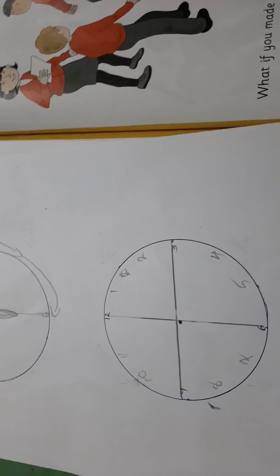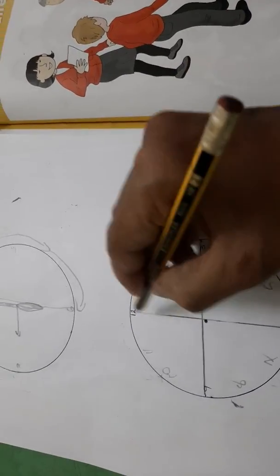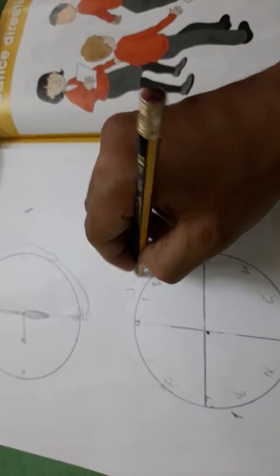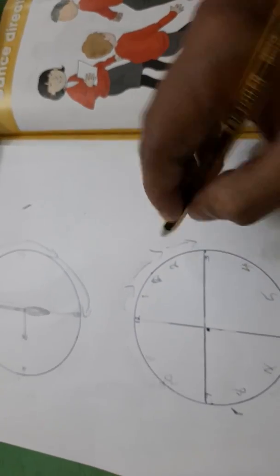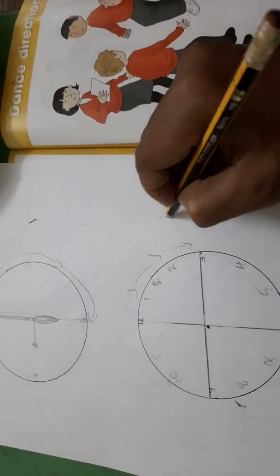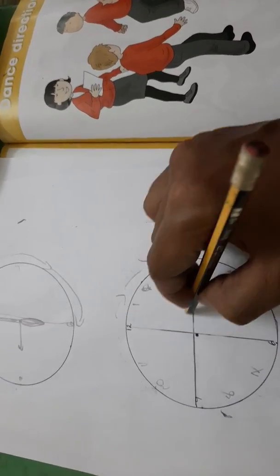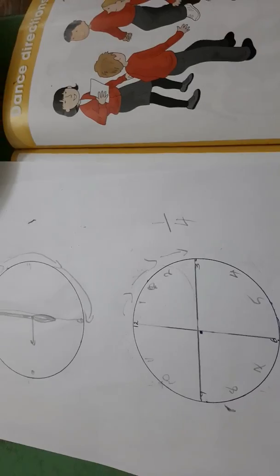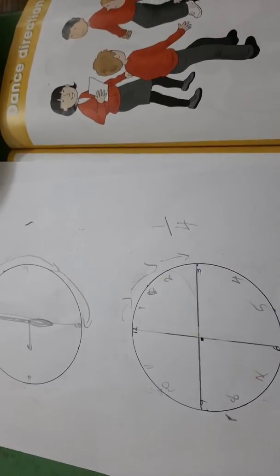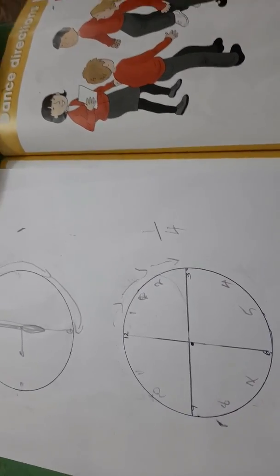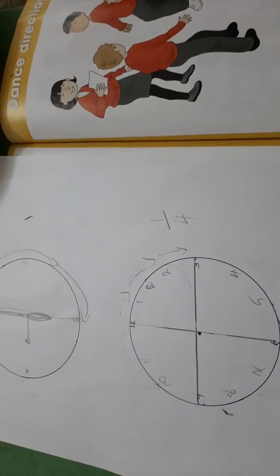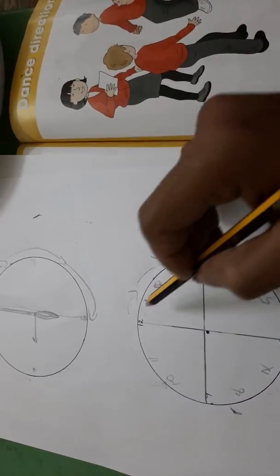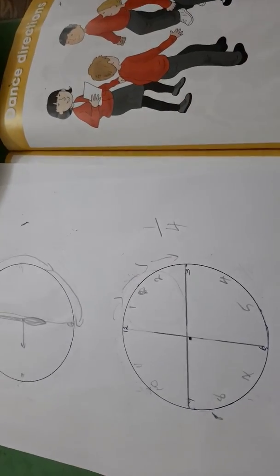So it is four parts. Only this part we can write 1, one by one fourth. It is a quarter part. We studied before, so it is one fourth.